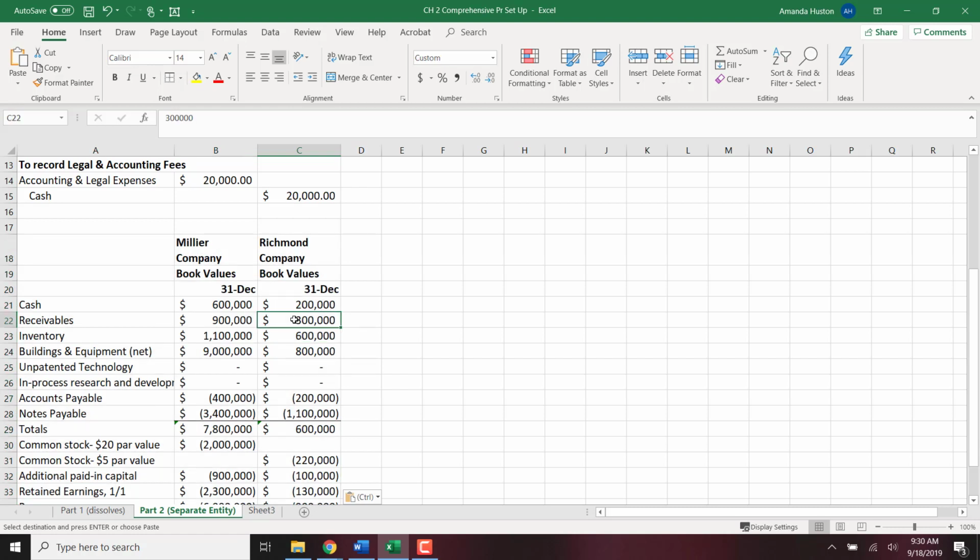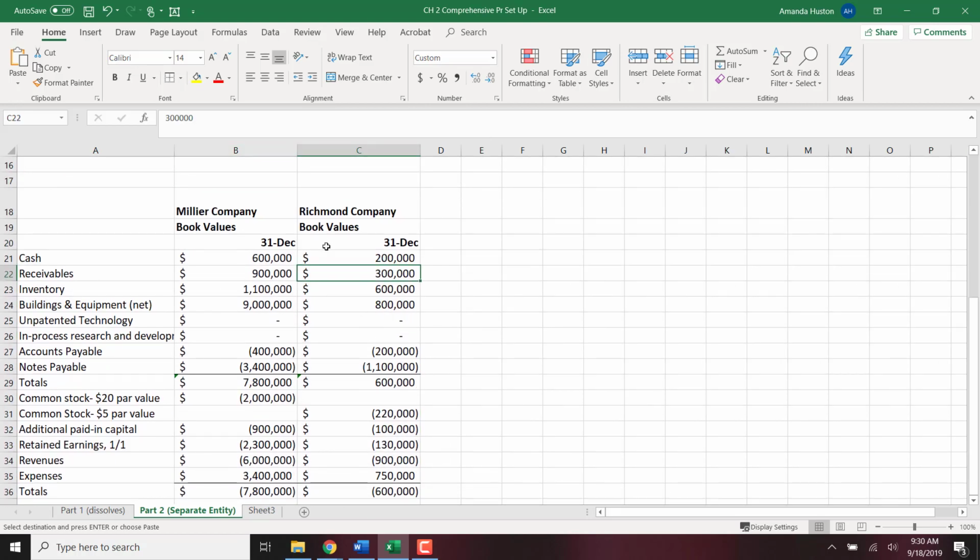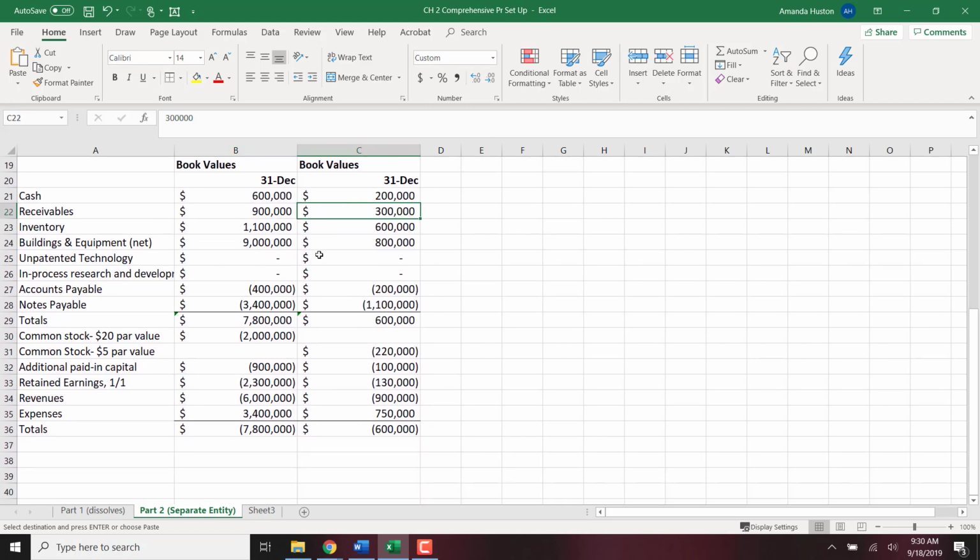So all I did was copy and paste the information from the previous problem, because now we're going to have to consolidate year-end financials. We don't make journal entries to write up their assets because they're separately going to maintain books.